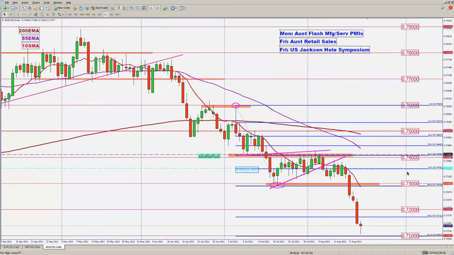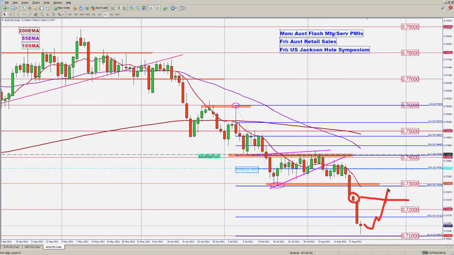All right. So for this week, I don't think there'll be a follow through for a breakdown further below the 71. So could be a pull back to retest maybe to this zone here, just above 72.